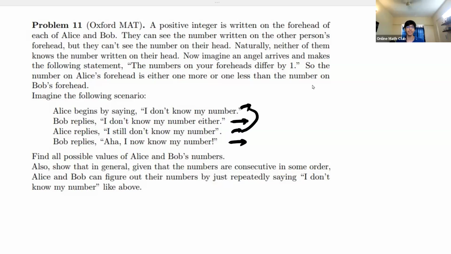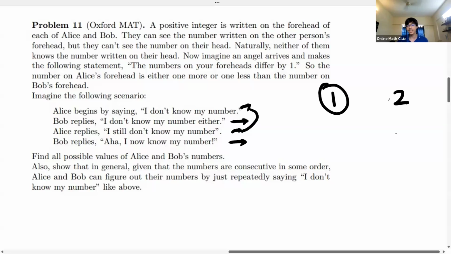Alice's number is one. That's not the answer, but that's an interesting guess. So let's actually think about it. Let's say Alice's number is one. Bob's number cannot be zero, of course, because it's a positive integer. So it has to be two. So if Bob sees that Alice's number is one, then Bob will just know that his number is two. But Bob started by saying, I don't know my number.